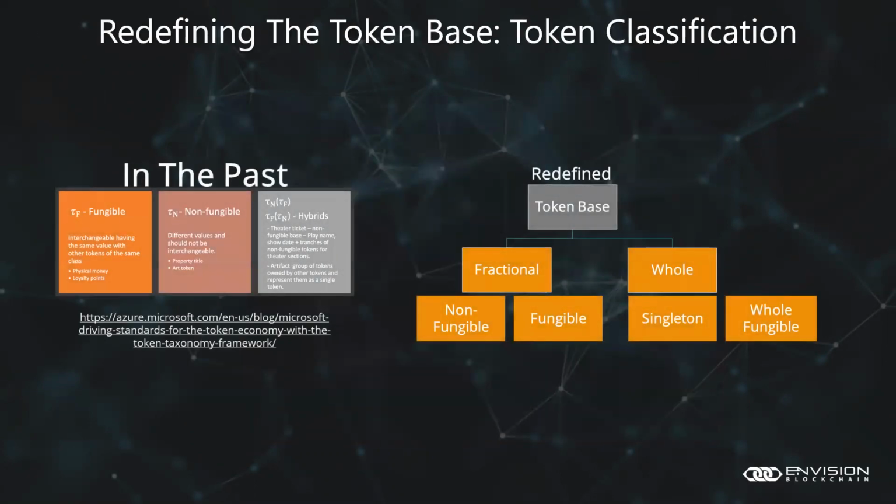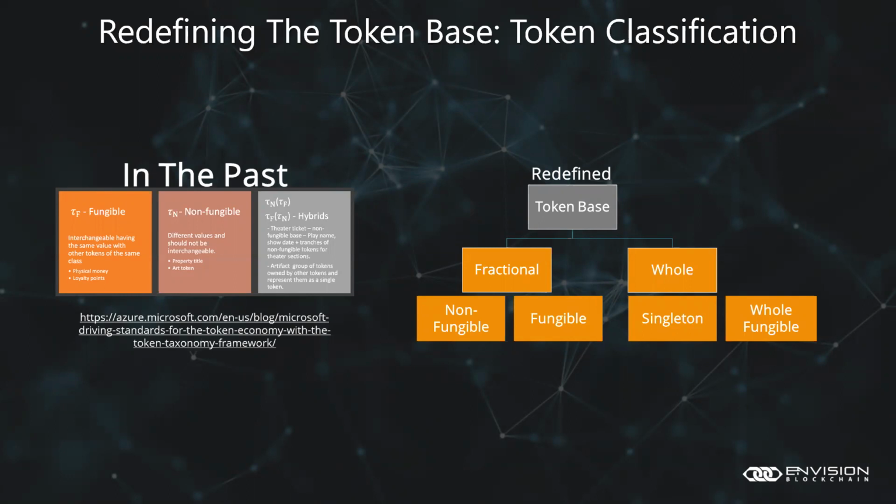So what changed? How did we reorganize? In the past is in bold because we want to make sure that you realize that this is what was on the left, where we looked at the token base as fungible, non-fungible, and hybrid. Today, the token base is broken down before fungible and non-fungible.